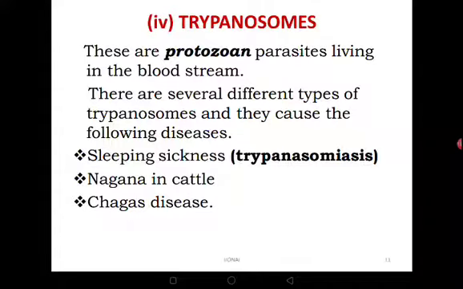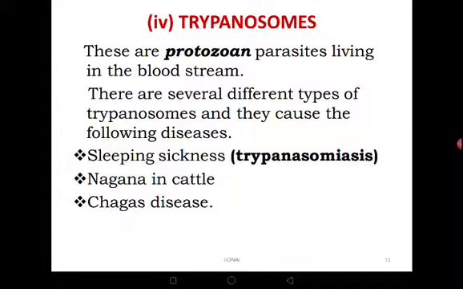But what is important is that they cause the following diseases: sleeping sickness called trypanosomiasis. This is common in Africa especially. This affects human beings. And then Nagana in cattle, you remember that one, and you've been told about it several times. Then we have the Chagas disease.